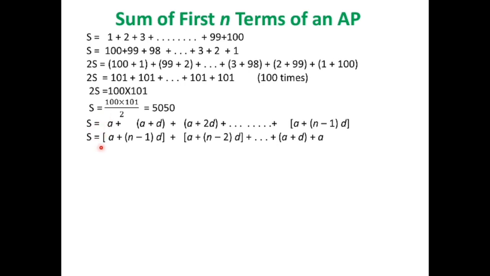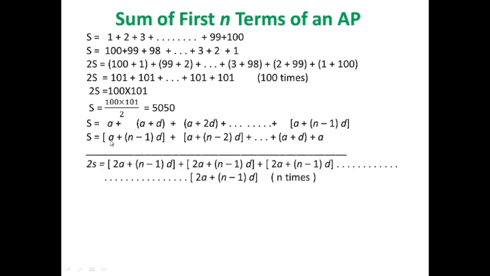Next step will be to add these two. If you add these two, what will happen? Now, if you observe here, you have to add these two values: a plus n minus 1 into d. How many a's are here? 2 a's. So we can write this one as 2a plus n minus 1 into d. Clear? And here also, a plus d plus a plus n minus 2 into d.